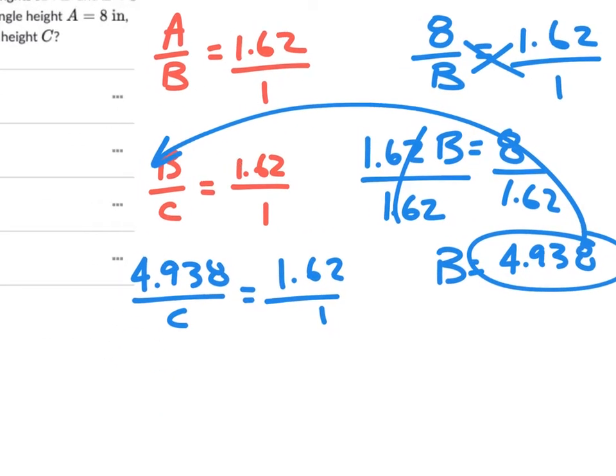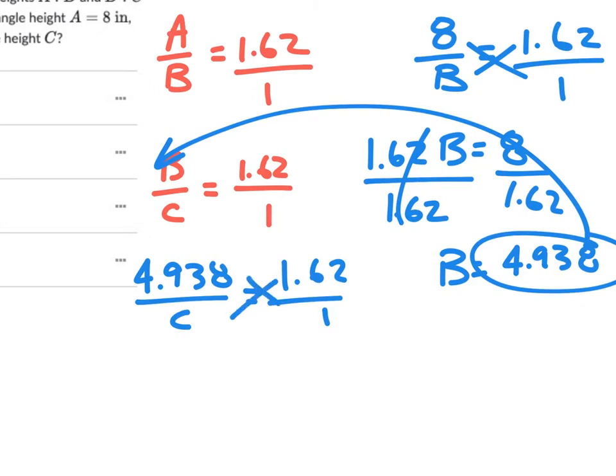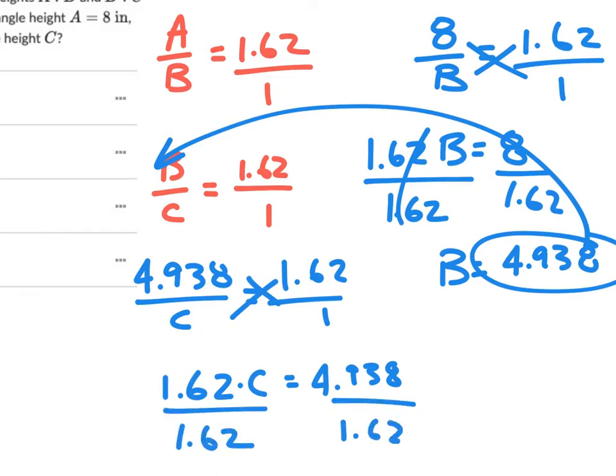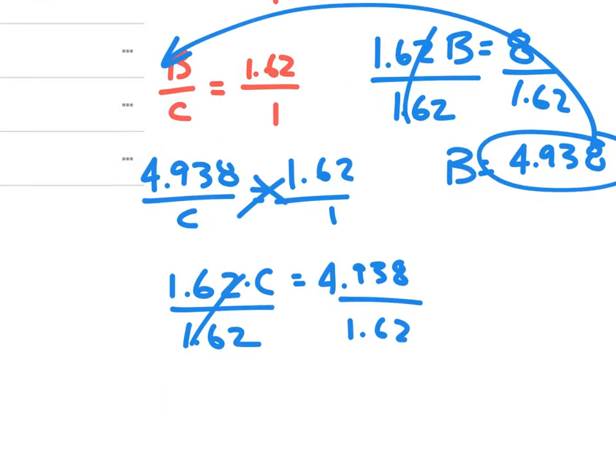Then cross multiply and divide again, and I'm realizing, oh, I've got 1.62 times C is equal to 4.938. All right, so when I do this, I divide by 1.62, yes. And all I did was, since that number was the last number that I had in my calculator, I just continued to divide that number by 1.62, and I got 3.048, which is equal to C, okay, which is approximately 3.